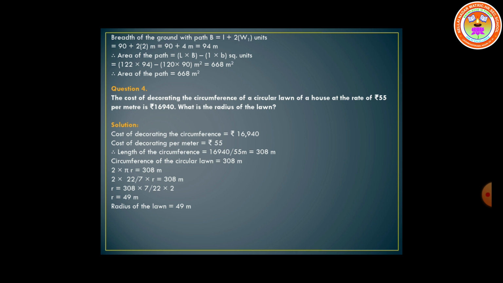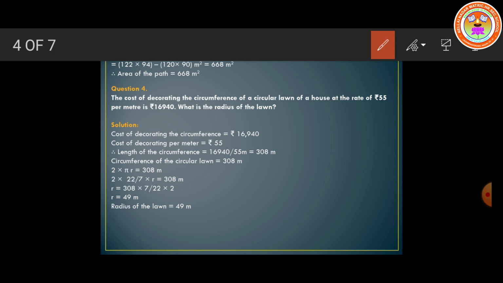122 into 94 is equal to 11,468. Then 120 into 90 is equal to 10,800.